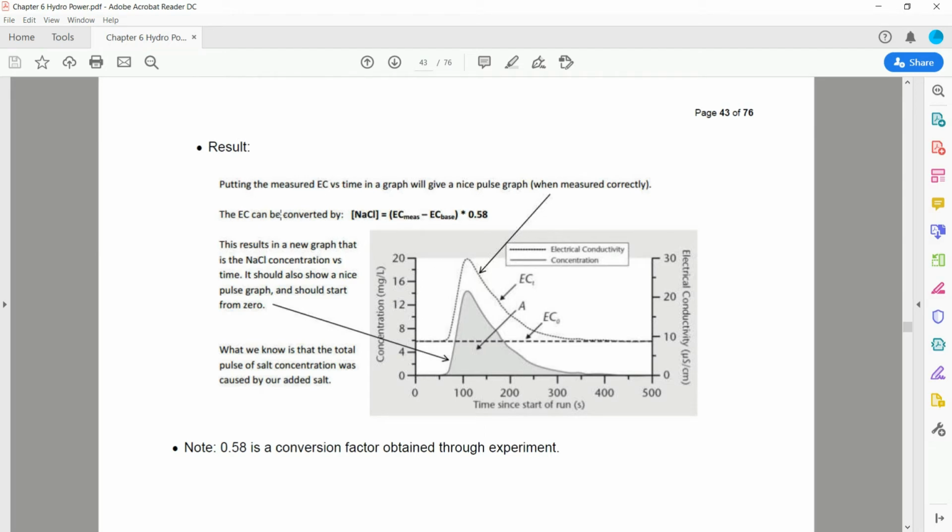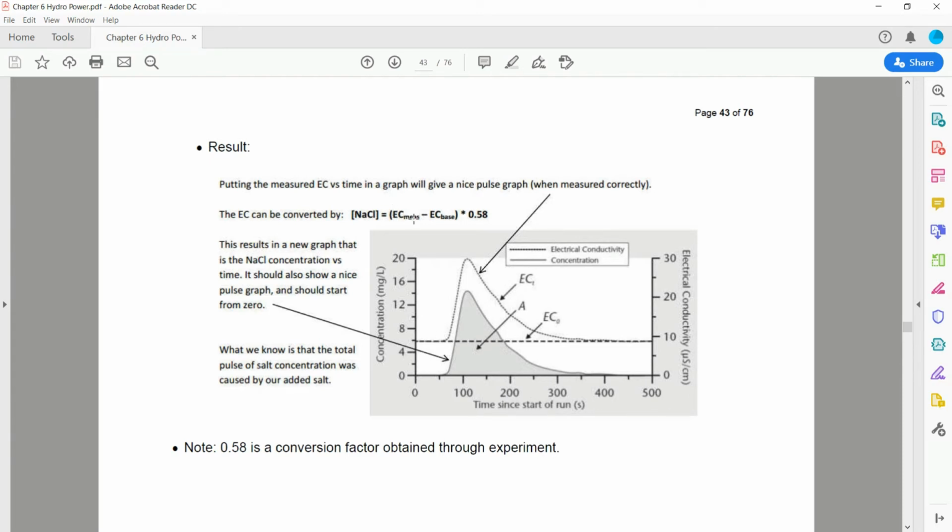So the EC can be converted to sodium chloride, this is salt, equals to this EC measured, and here is the EC base. To get this area, of course, you must eliminate this base to get the accurate EC.